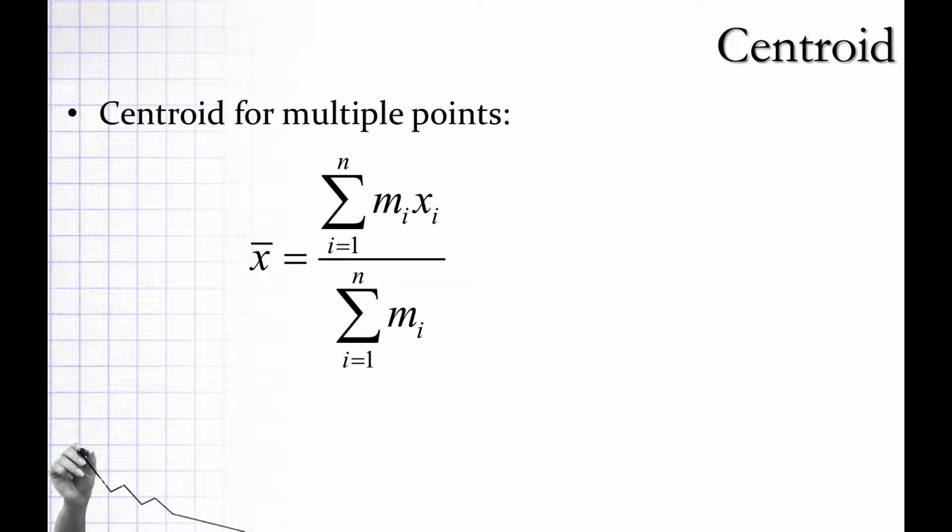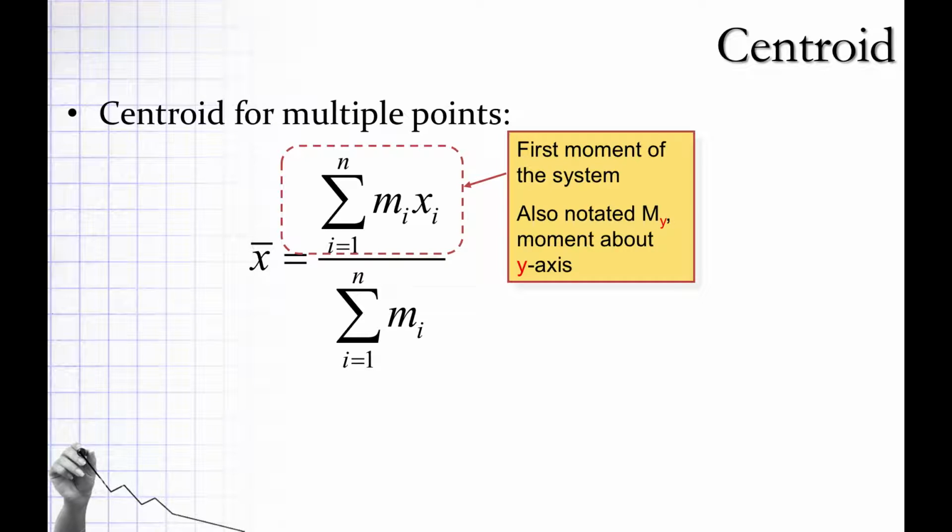We already talked about this. What do those sigmas mean? Sum. So to find our centroid, we took the sum of mass times distance over the sum of mass, right? We notate this as the moment about y. Why is that the moment about y?